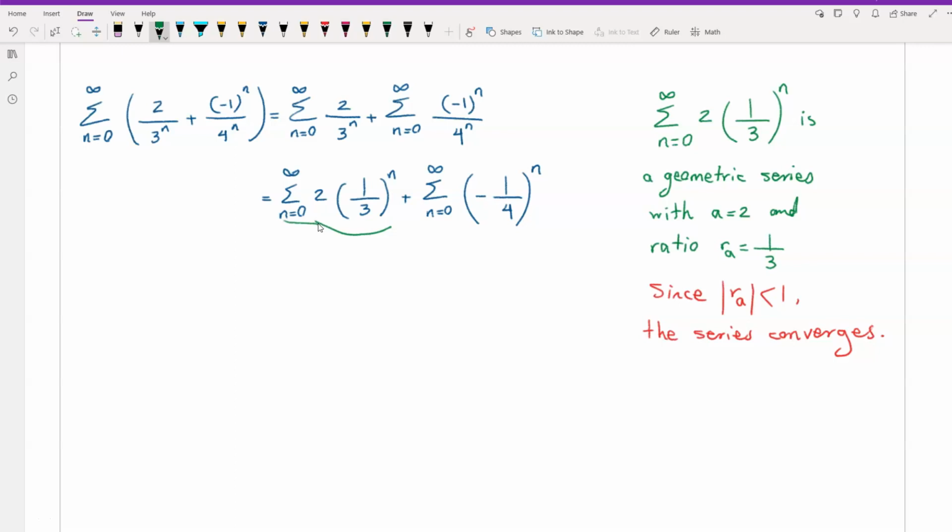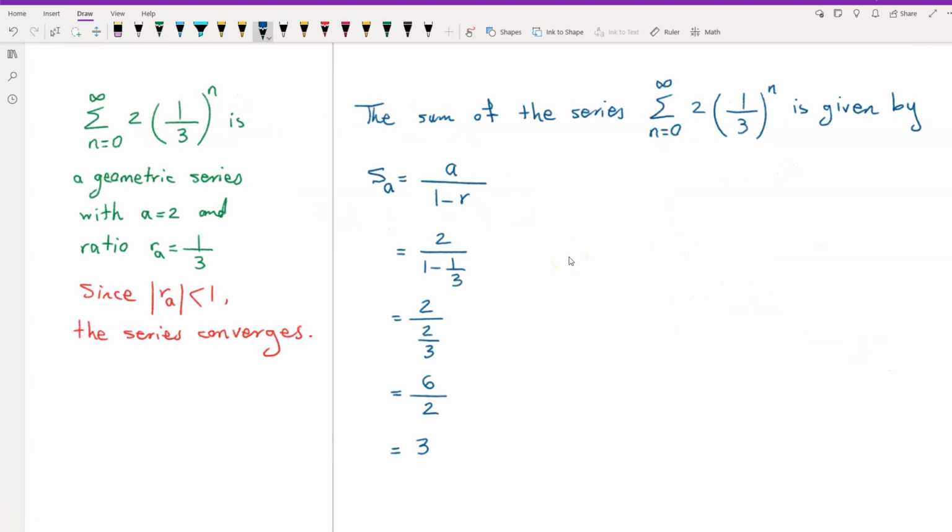So what we have on this part, the sum of 2 times 1/3 to the n power, n from 0 to infinity, is a geometric series with a equal to 2 and r sub a equal to 1/3. Since the absolute value of r sub a, which is 1/3, is less than 1, this series converges.